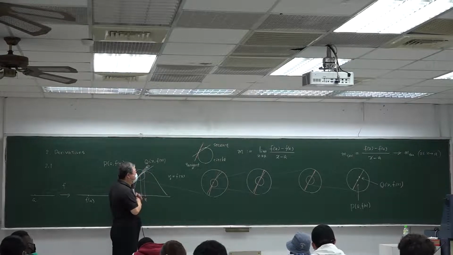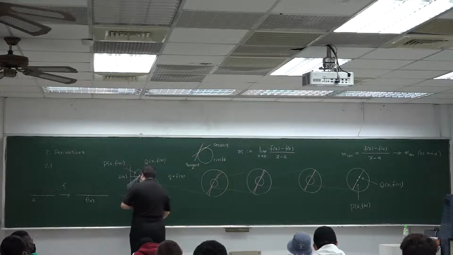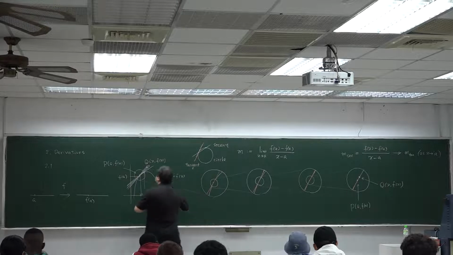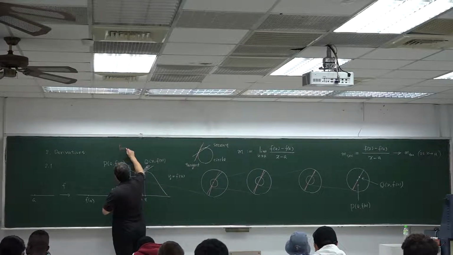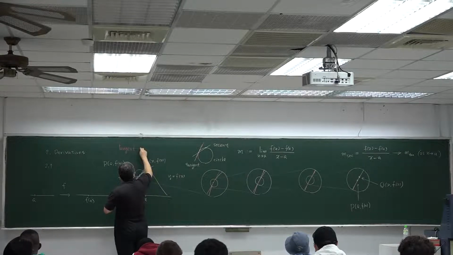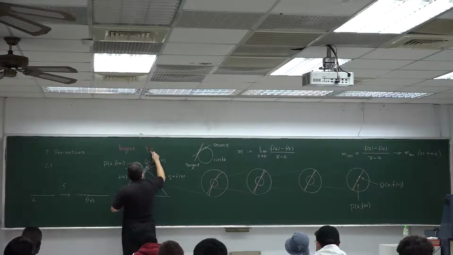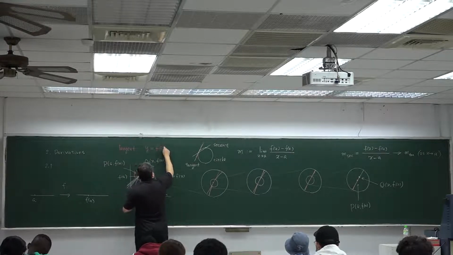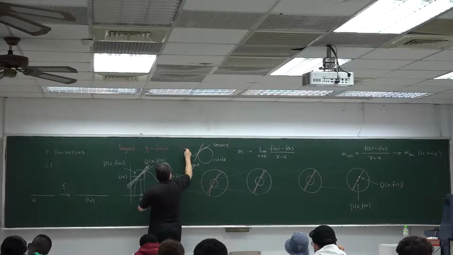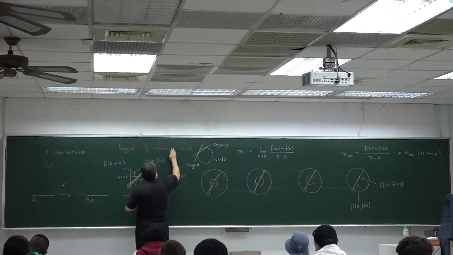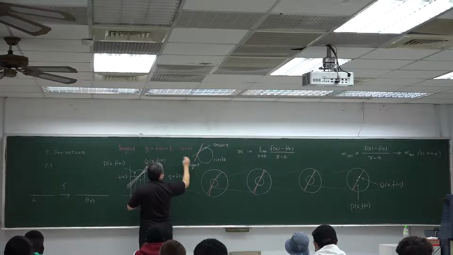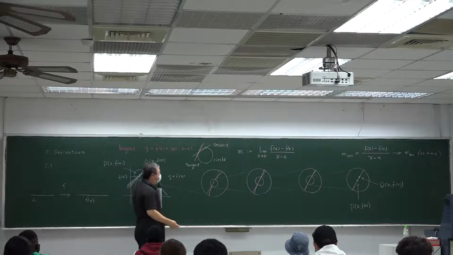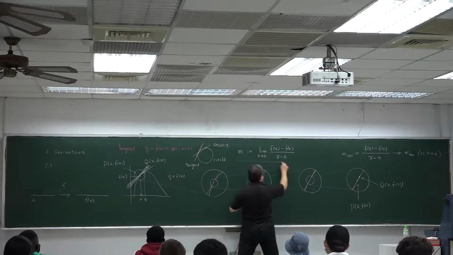So the tangent line is defined to be the curve y equals f(a) plus m(x minus a), where m is defined to be this number.